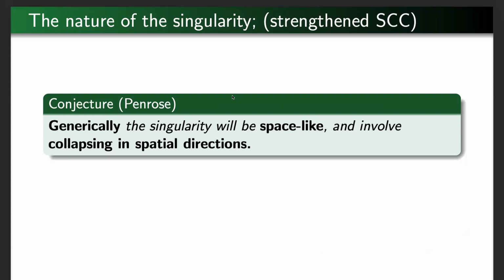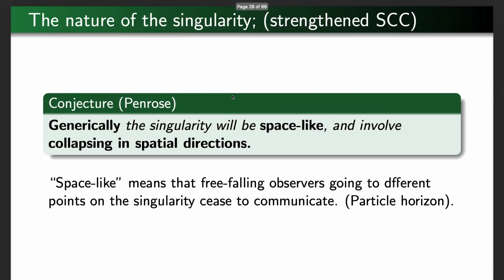Space-like means, let's think of the manifold before thinking of the metric, that different observers going to different points on the final surface along time-like trajectories cannot communicate.